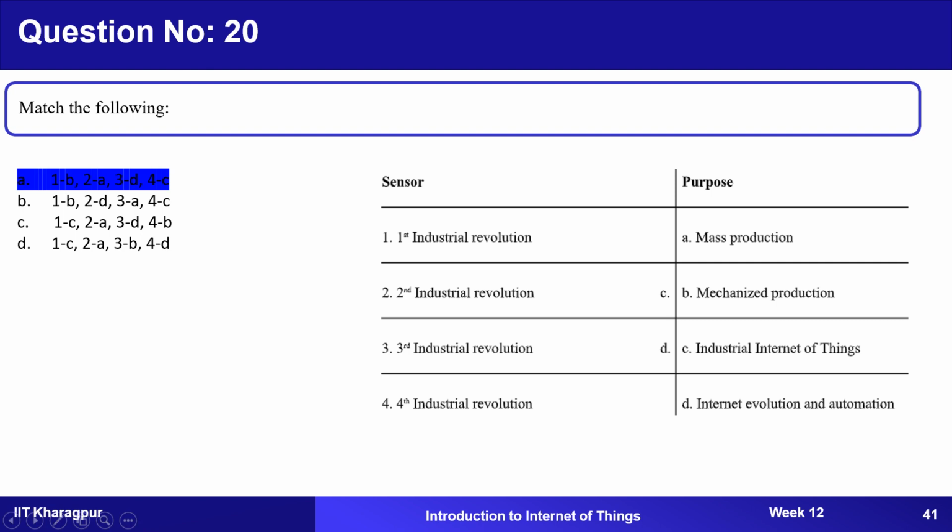The correct option is A, because in the first industrial revolution, the production of goods with the help of machines, that is mechanized production, was done. Then in the second industrial revolution, mass production of goods was done. Then in the third industrial revolution, internet evolution and automation started. And then in the fourth industrial revolution, industrial Internet of Things came into the picture.